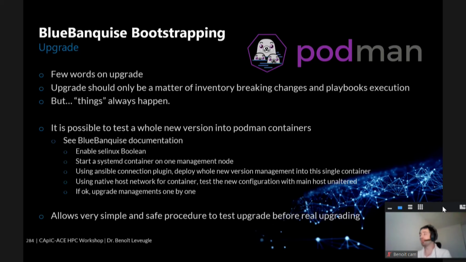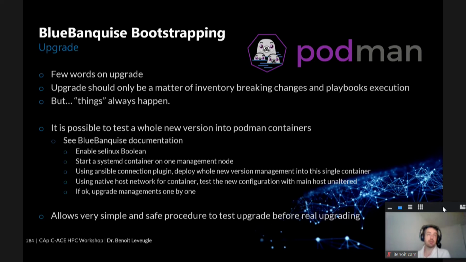What is interesting with that is, for example, right now, if you want to test it from an Ubuntu, you can just pull a Podman for CentOS or Red Hat, and it will work on your Ubuntu. Or if you want to update to the next version of the stack, but you are in production, you don't want to break anything, you can start a Podman container.